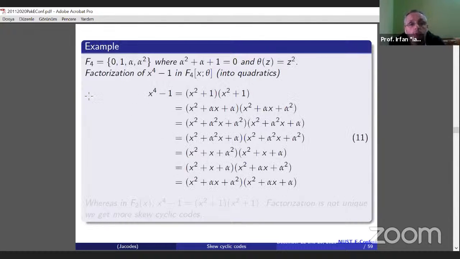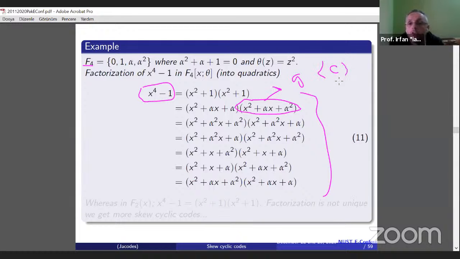Here is one example. You pick the field F4 with 4 elements, and we only look at x^4 minus 1. As you see, we have quite many ways to get different factorizations. What does this mean? Basically, if you pick any, say degree 2 factor, like this one here, or maybe I should, since we were talking about the right, I'll pick this one from the right-hand side, call it g. So you make this skew code. You get a new code word.